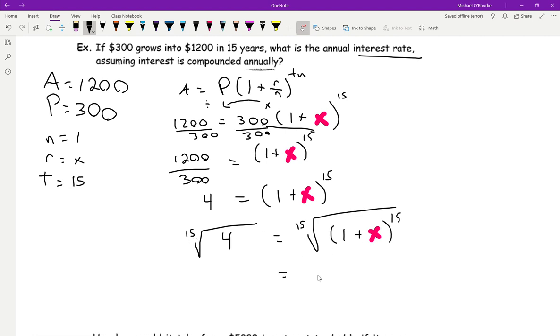So on the right side, these brackets are going to drop, like this will take out this. So we're going to be left with 1 plus x.